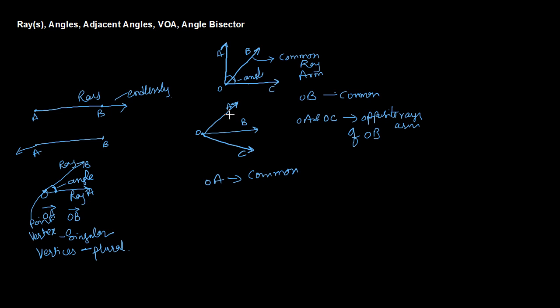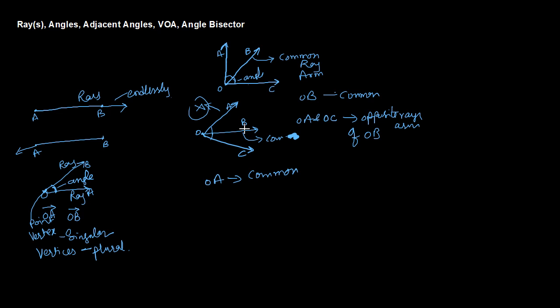Because on one of the sides I can see OB, on the other side I don't have any ray here. So OA will never become a common arm, common ray. So in this case OB is the common arm, and the opposite rays are OA and OC.